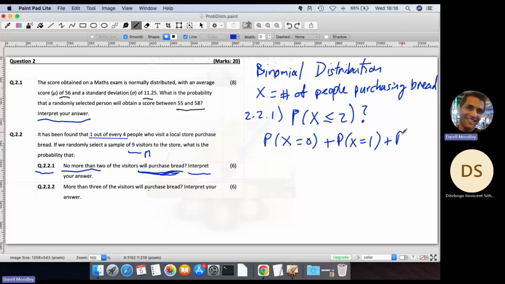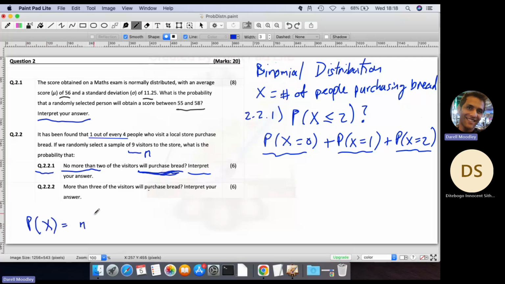And then you're going to add that to the probability of x equals 2. Right? And you stop there because remember it's less than or equal to 2. So you include 2 and nothing above that. And you have to work out each of these probabilities using the binomial formula, which is given to you in your formula sheet.